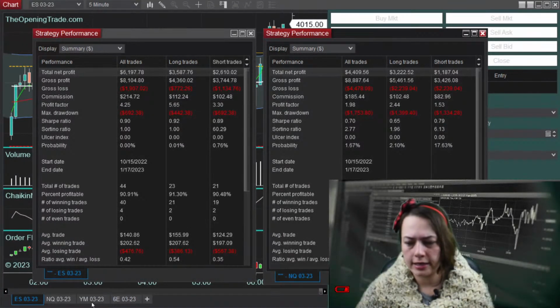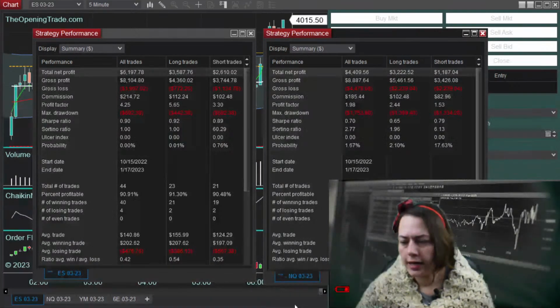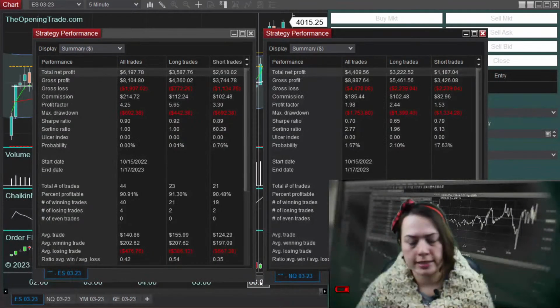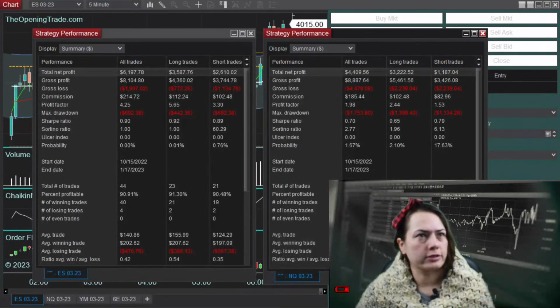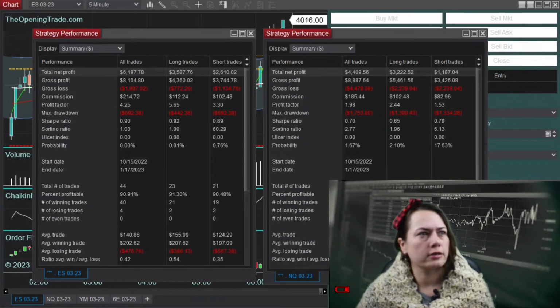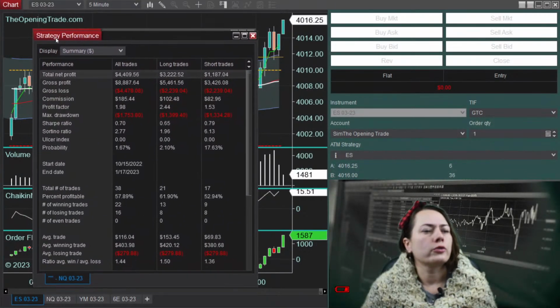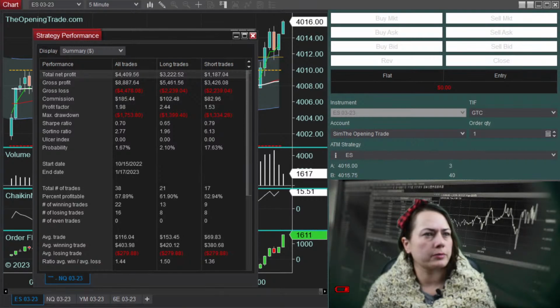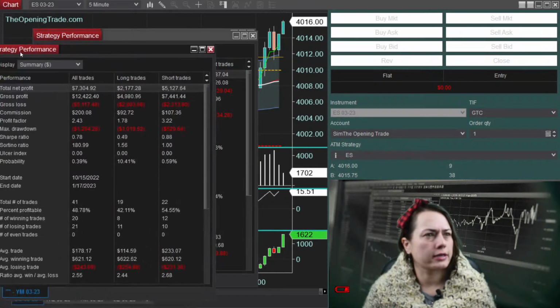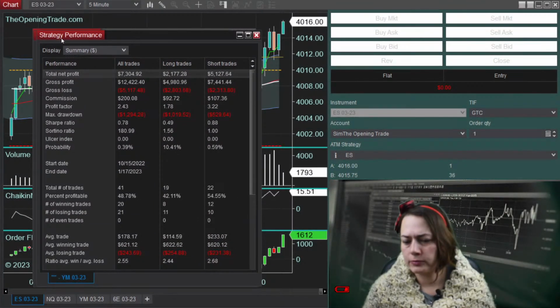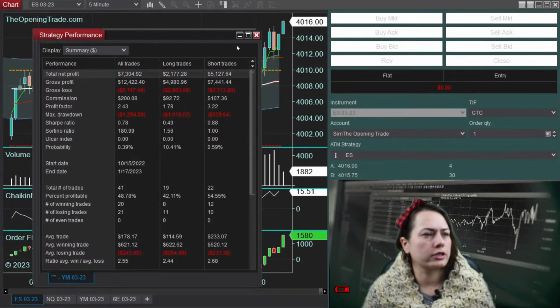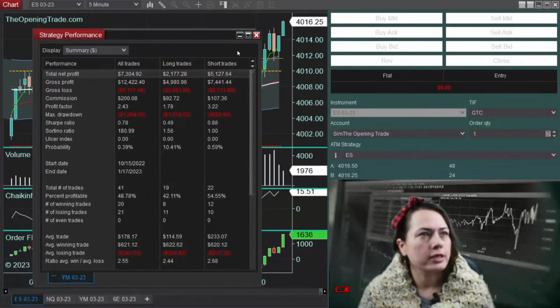This is the ES, which is the S&P 500 futures, and this chart over here says NQ, and that is going to be your NASDAQ futures. We have one more chart that will be brought over, and that is going to be our YM chart, which is, again, our Dow Jones futures.